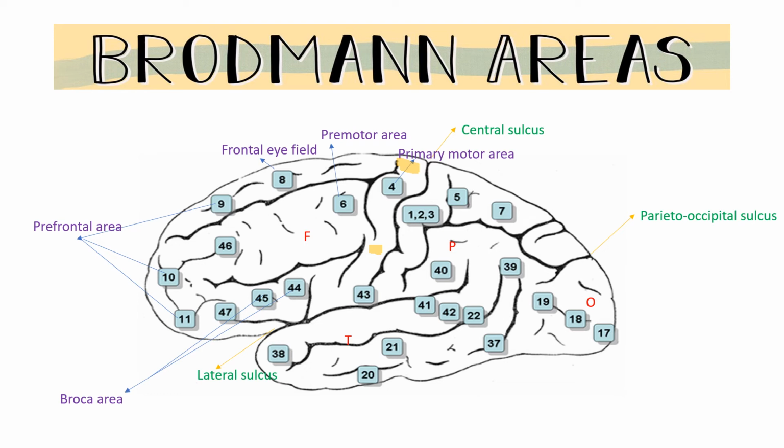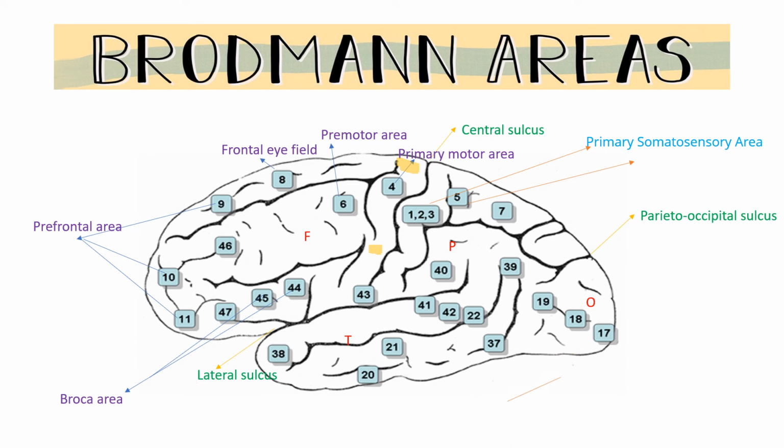Now, parietal lobe. Area number 1, 2 and 3 is the primary somatosensory area. The primary somatosensory area is located in the postcentral gyrus, and this area is responsible for the perception of pain, touch, and temperature.